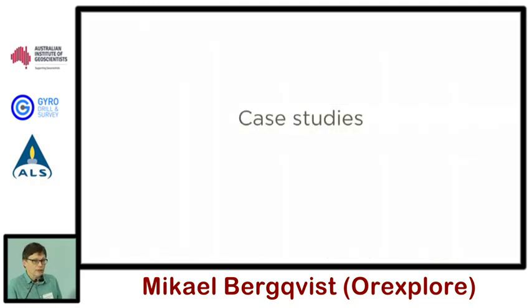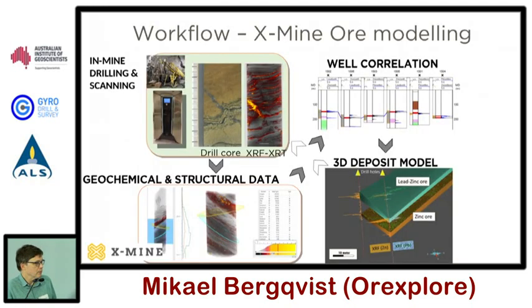So here is a case study from this X-Mine project. It's a mine in central Sweden called the Lovisa mine. And here is an example of how the drill core transmission data and the fluorescence data is used for doing structural and geochemical data and then well correlation, and put the data into a 3D deposit model, in this case modeling the lead-zinc and the zinc ore.